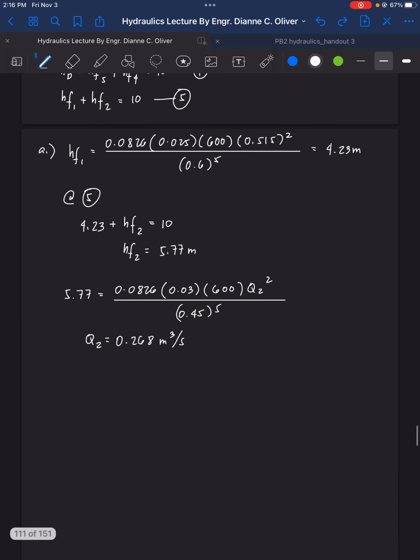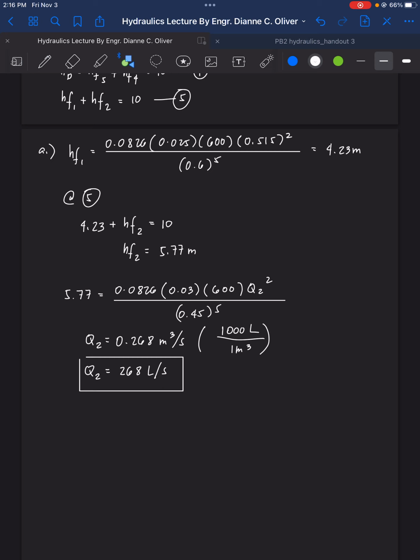So Q2 is equal to 268 liter per second, from the conversion of 1000 liter in 1 cubic meter. And since the answer here is positive, and this is less than 0.515, therefore our answer is correct.